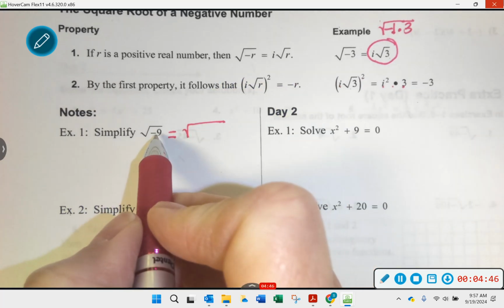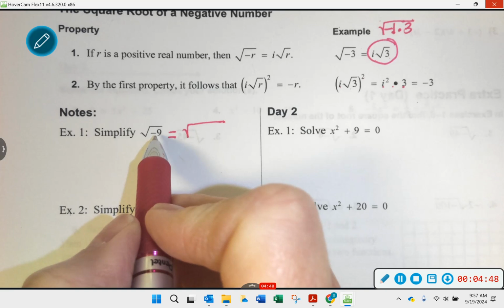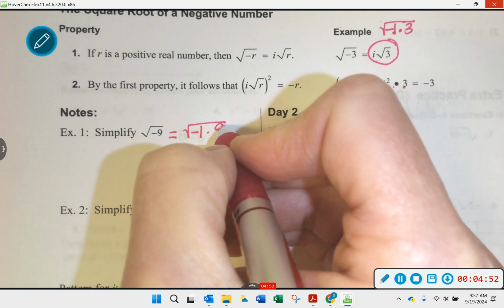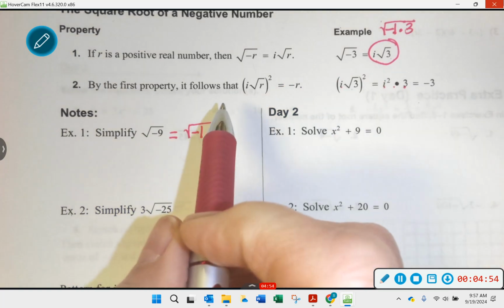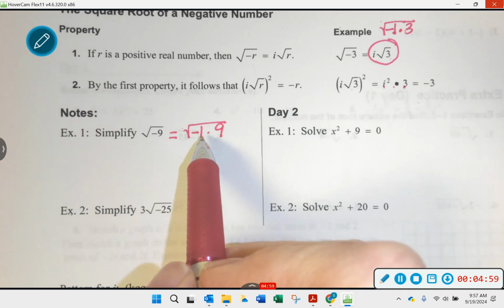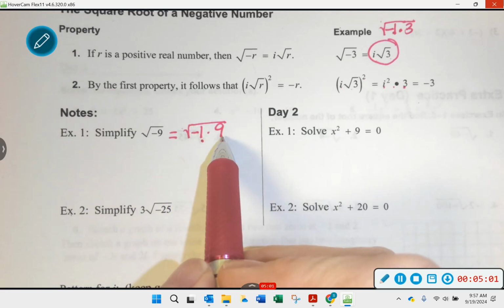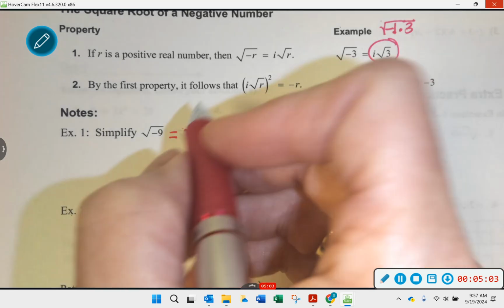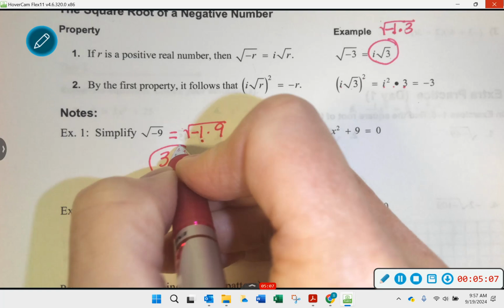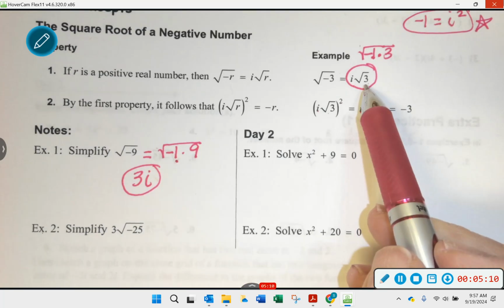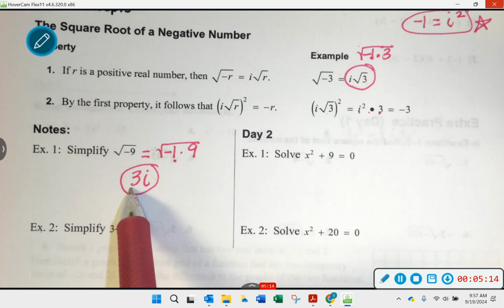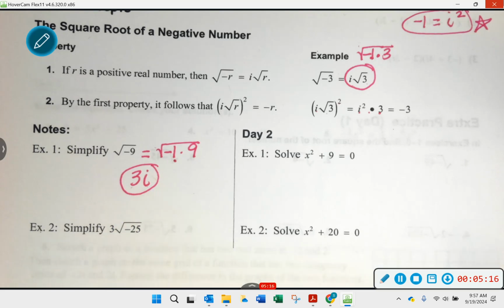I always want to see if I have a negative under the radical. If I do, I want to think of this as -1 times 9. What did I just say the square root of -1 is? i, just i. What's the square root of 9? 3. So what is this answer? And we're going to put the 3 first and then the i. If we have a radical, we put the i first. But if we have a non-radical number, we put the i second.